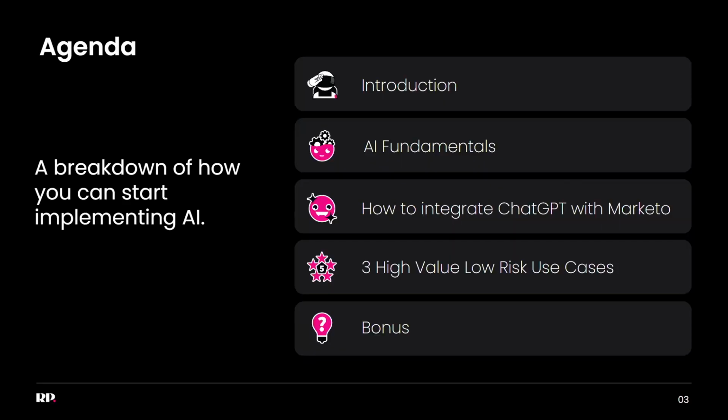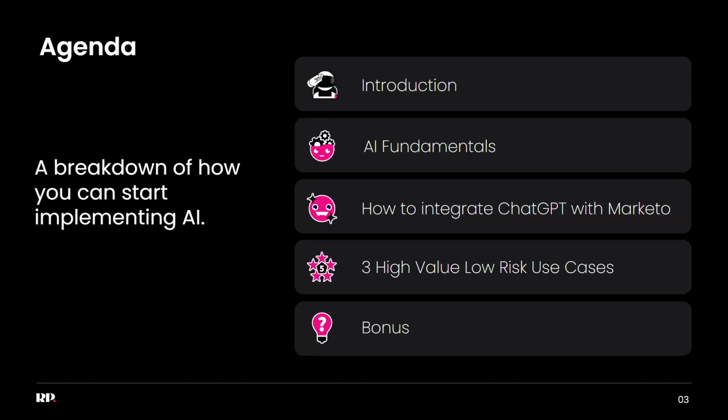So without further ado, our agenda for today: we'll do quick introductions for our speakers. Excited to have them on the phone with us today. We'll talk through AI fundamentals. Some of this may be something you're already familiar with, and so a bit of a remedial, and some of it may be net new or you're learning it for the first time.